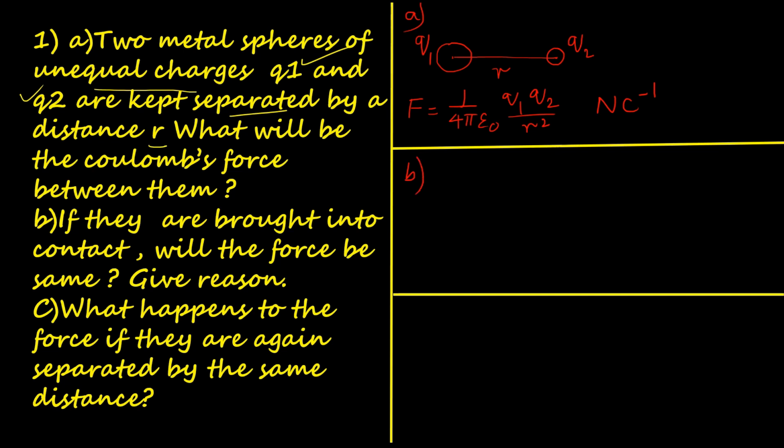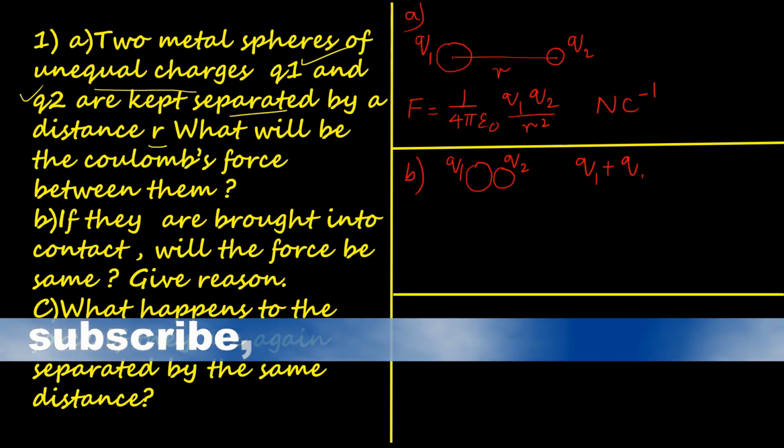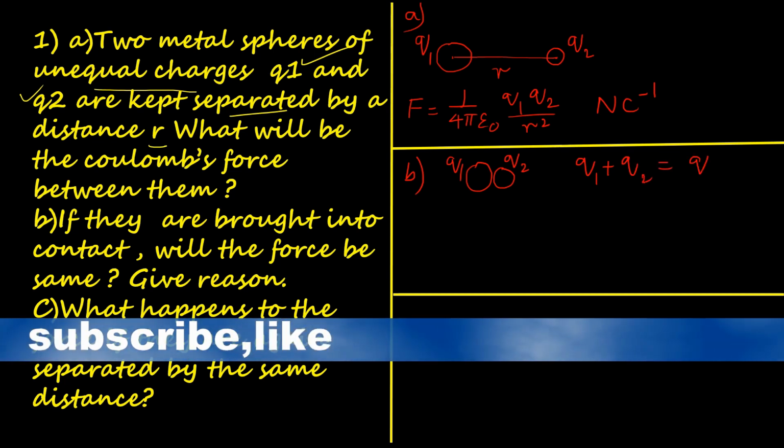Now section B. The strong person and weak person are brought close together. Then what will happen? When they were at a distance, the strong person, that is Q1, pushed Q2, the weaker person, away. But when they are close together, Q1 behaves differently. They pool their strength together.